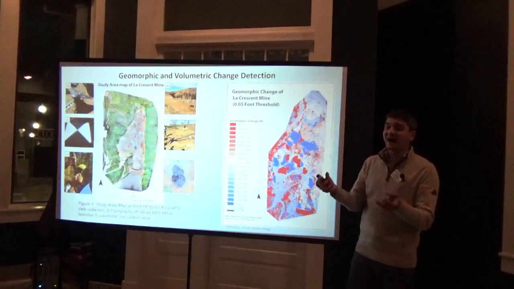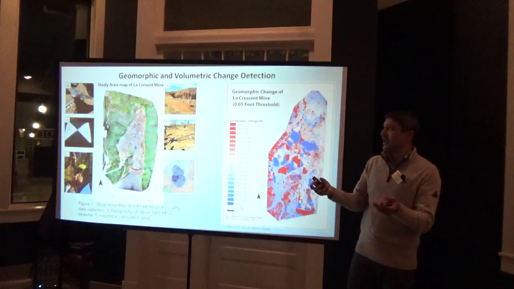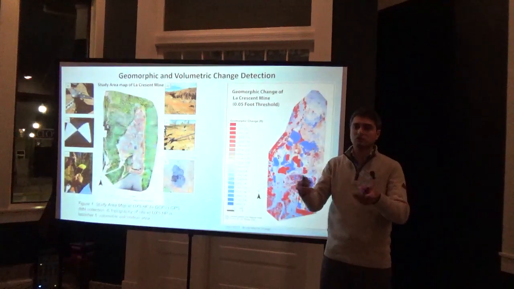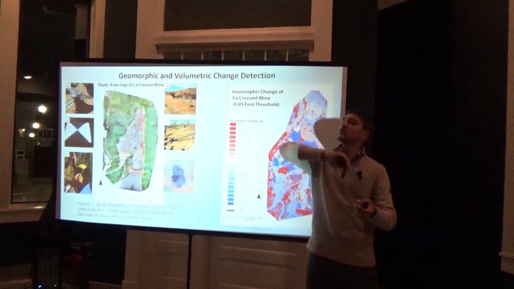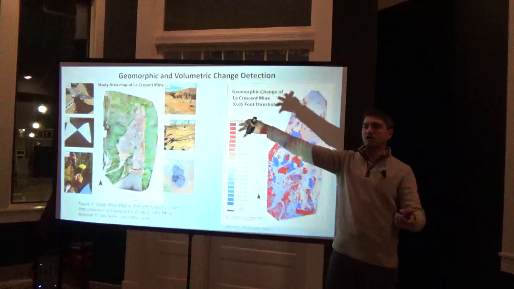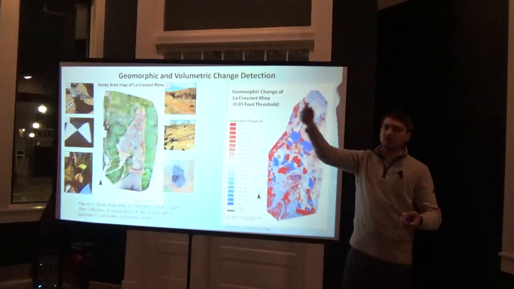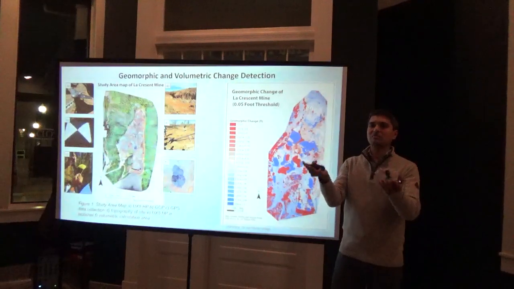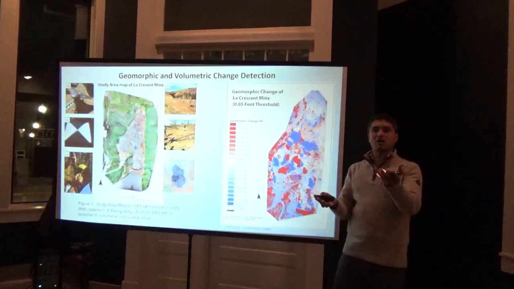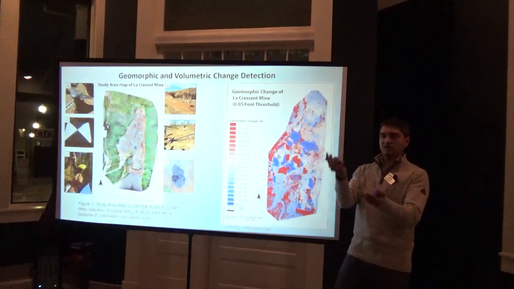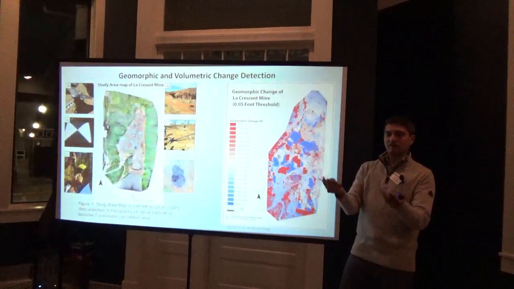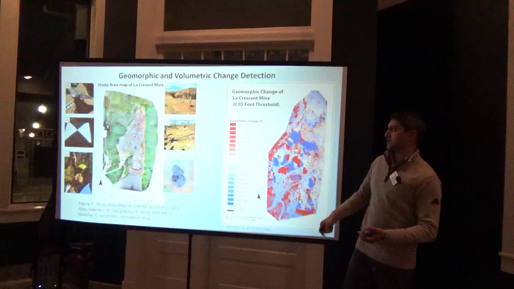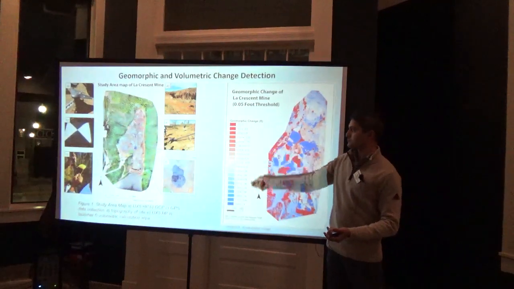And now you can fly the drone in time 1, stitch the images together, do the image processing, produce the 3D point cloud model, go 6 months later or a week later and do the same thing again. You have 2 3D models, and you subtract model 1 from model 2, and you get the height difference. And of course, every pixel has an area that can be calculated as change in volume.